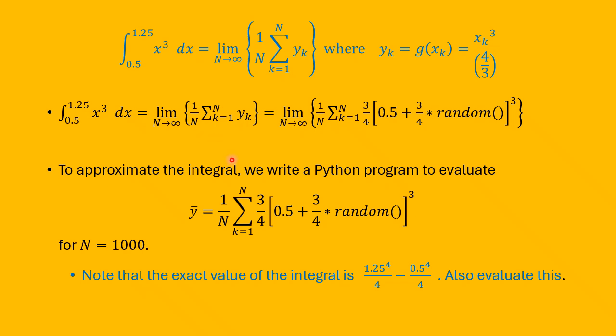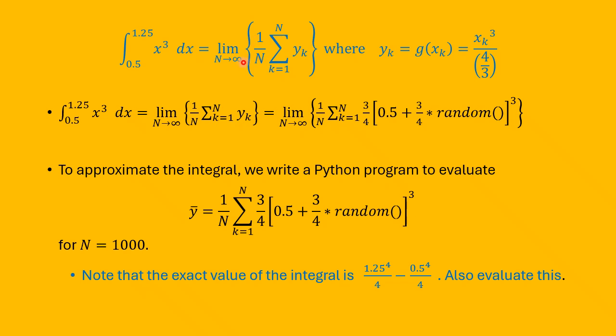So in any case, we're going to evaluate this thing right here, this type of sum, and we'll do it with a Python program using capital N equals 1,000. And as we pointed out before, we can actually find the exact value of this.